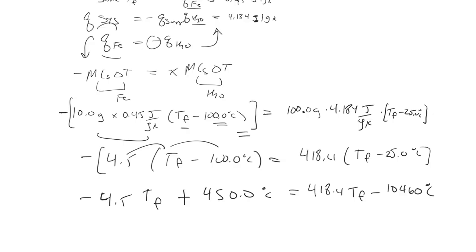And so now what I need to do is add 4.5 TF to both sides. So let's add 4.5 TF to both sides. And so that'll be 422.9.